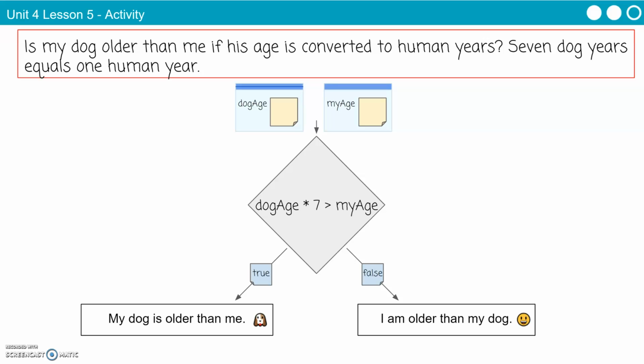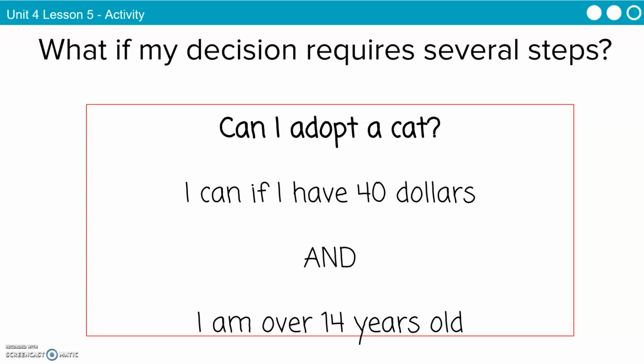And then we have to create this conditional that says, if you take your dog's age and times it by 7, and that's greater than your age, then it evaluates to true that your dog is older than you. If you take your dog's age times 7 and it's not, then of course that's false and you're older than your dog.